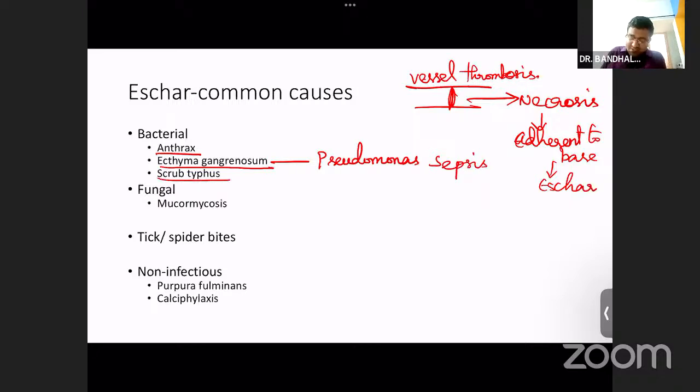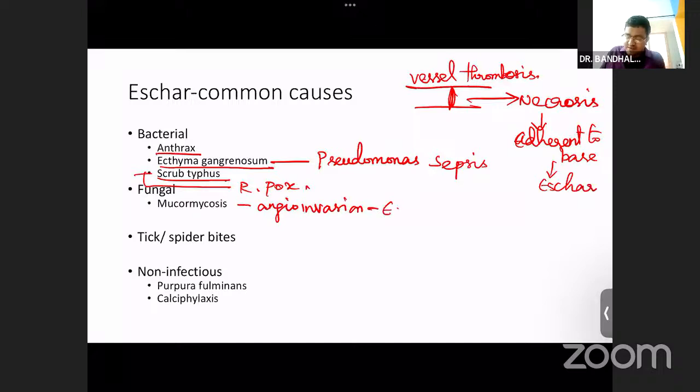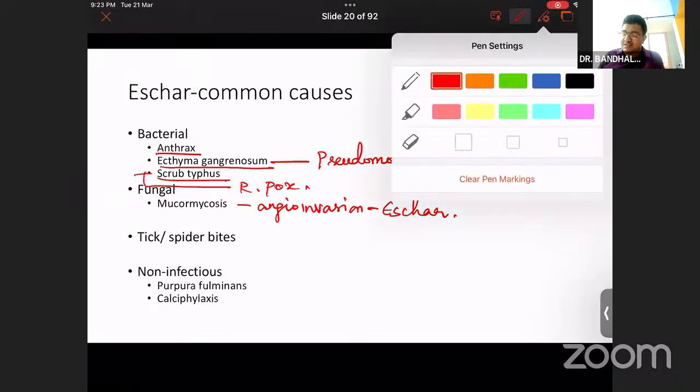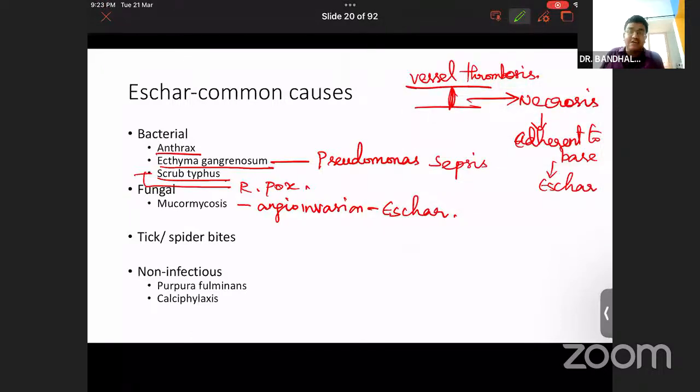Another is typhus, one is scrub typhus, another is rickettsial pox. In fungus, in the previous slides we have discussed mucormycosis, which has that angioinvasion property, so it will lead to eschar. And some spider and tick bites, without causing any infections, can lead to eschars.